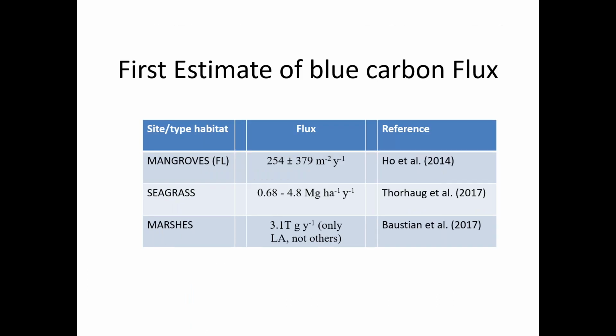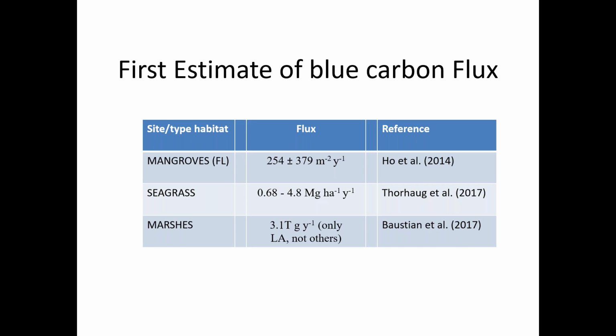Thank you. So this is just a flux estimate. We were hoping to do an entire flux amount, but then we realized that we really didn't have good phytoplankton measurements in the estuaries or on the shelves that were equivalent to the carbon estimates we had for the mangrove, marsh and seagrass.